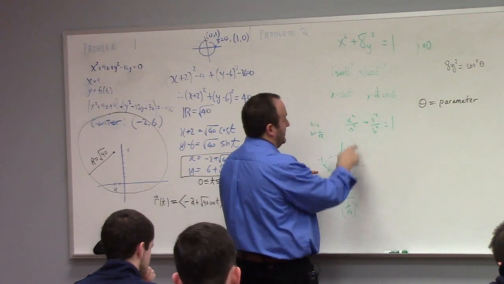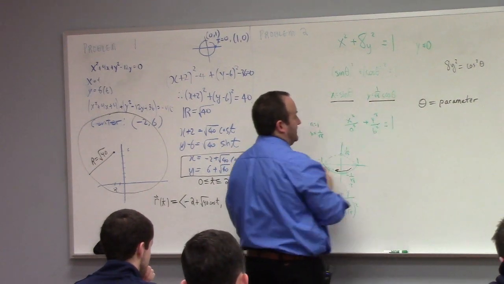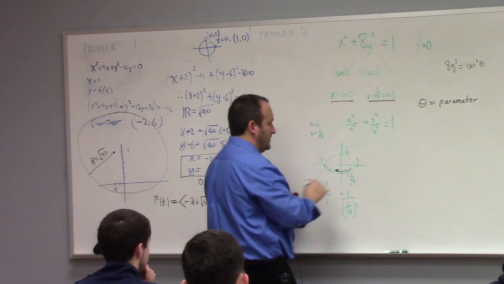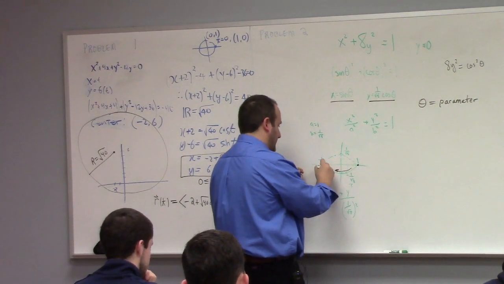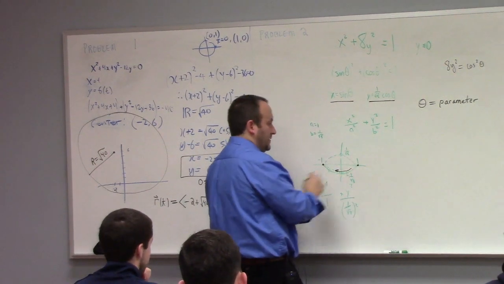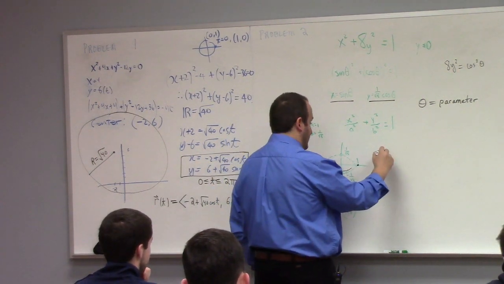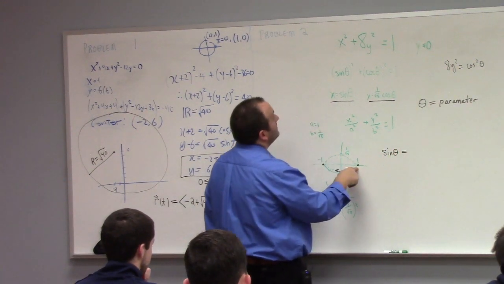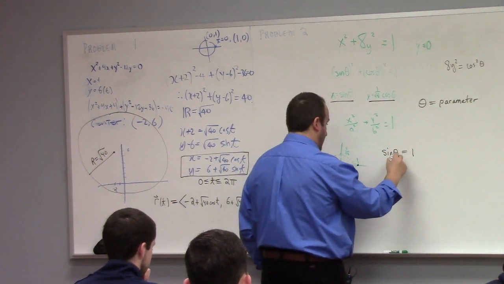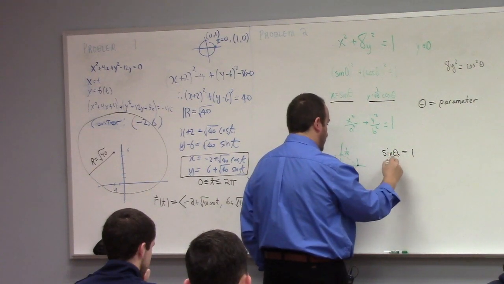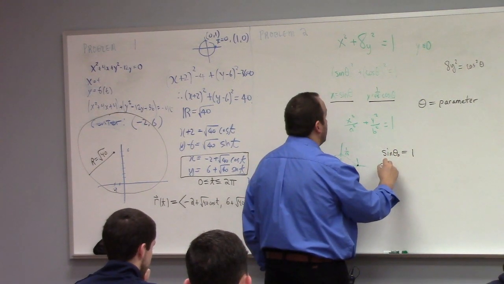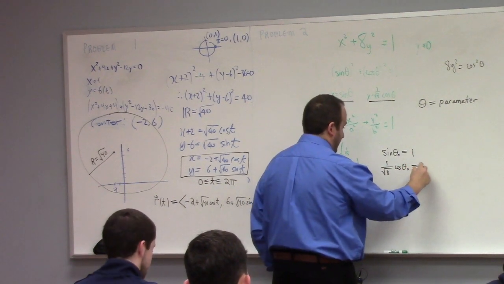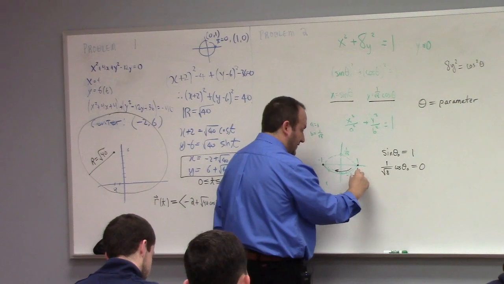Anyway, let's see here. If you're going to use sine theta and cosine theta, then what do I need to do to get from here to here? At the initial point, I need sine theta 0 equal to 1, right? And I need 1 over the square root of 8 cosine theta 0 equal to 0 to get this point. This point is 1, 0, right?